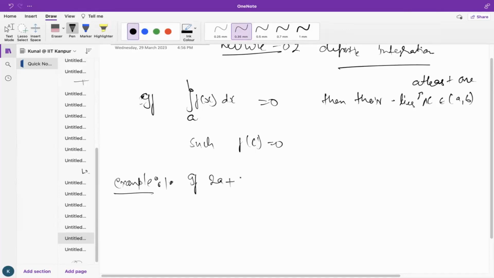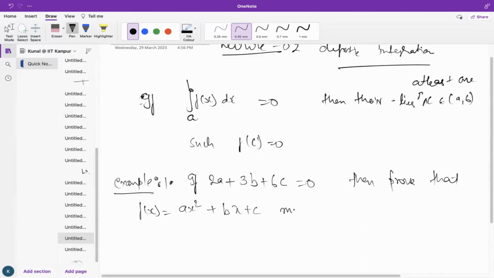If 2a plus 3b plus 6c is equal to 0, then prove that f(x) is equal to ax square plus bx plus c must have a root in 0 to 1, right?